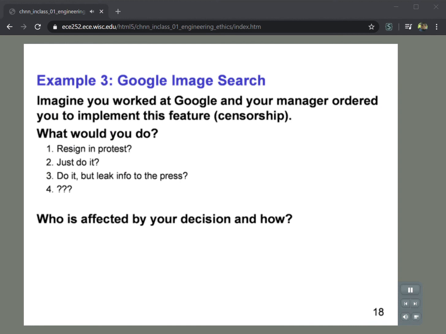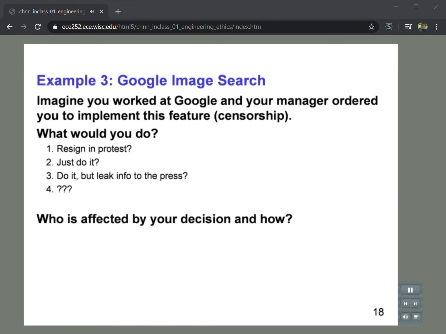So how can this be? How can it be that the same company implements an image search and the images that come up are so drastically different depending on whether you're doing the search within China or whether you're doing the search within the US? Well, the only way that this could have happened is by design.